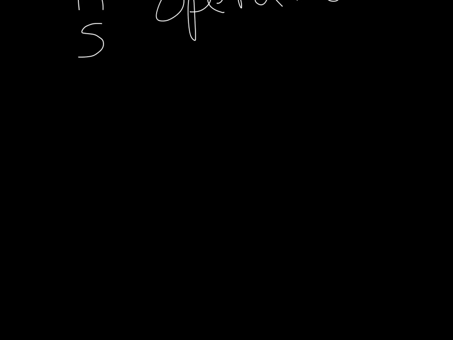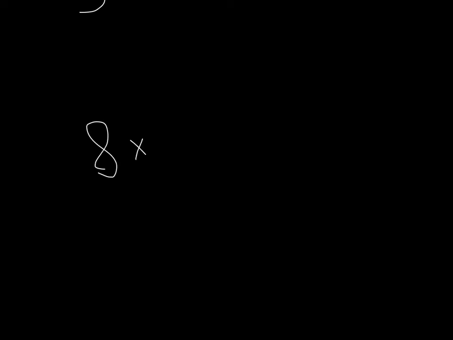If we have a question, for example, such as 8 times 4 minus, let's do minus 4 divided by 2. Well, according to PEMDAS, I am supposed to do either division or multiplication first, depending from left to right.